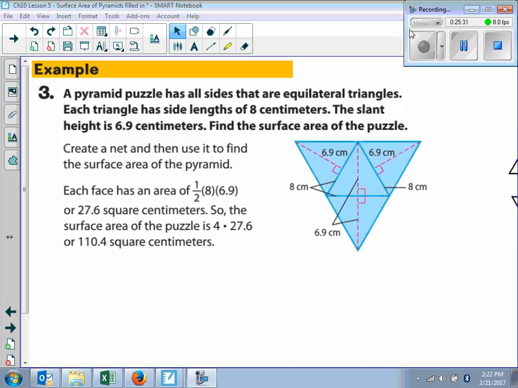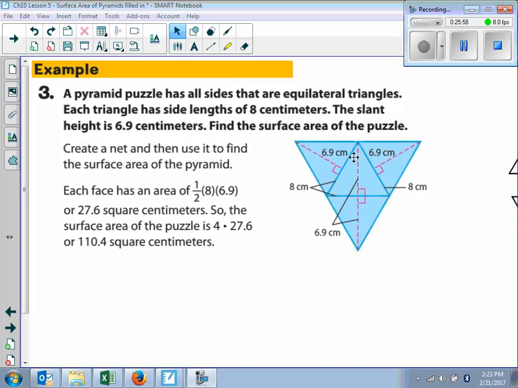And finally, for example 3, it says a pyramid puzzle has all sides that are equilateral triangles. Each triangle has side lengths of 8 centimeters. The slant height is 6.9 centimeters, and we want to find the surface area of the puzzle. So the first thing we can do is create a net and then use it to find the surface area of the pyramid.